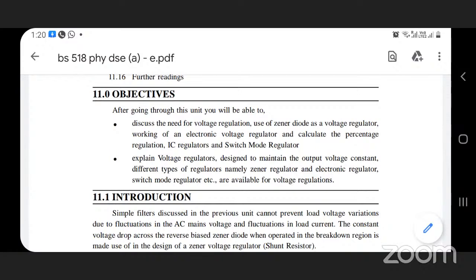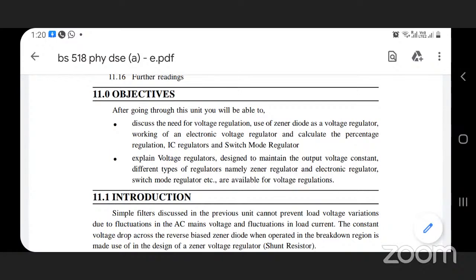So what is the need for voltage regulation, what are the uses of the Zener diode as a voltage regulator, what is the working of an electronic voltage regulator, and how to calculate the percentage of regulation? Also integrated circuit IC regulators, and switch mode power supply, that means the SMPS regulator.